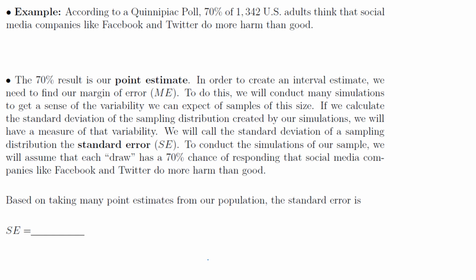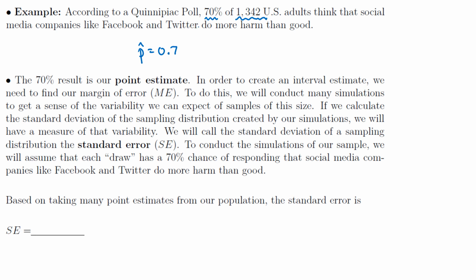To develop that idea, we're going to look at an example here. It says, according to a Quinnipiac poll, 70% of 1,342 U.S. adults think that social media companies like Facebook and Twitter do more harm than good. So you can see a sample has been taken, and we got a point estimate of 70%, or 0.7.